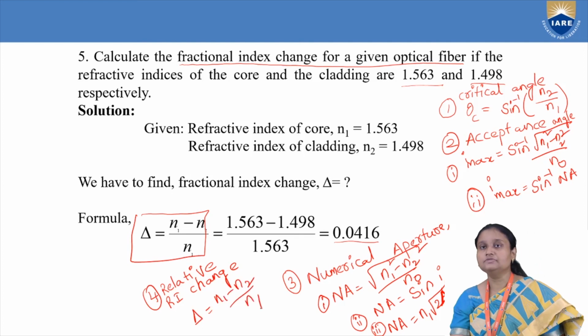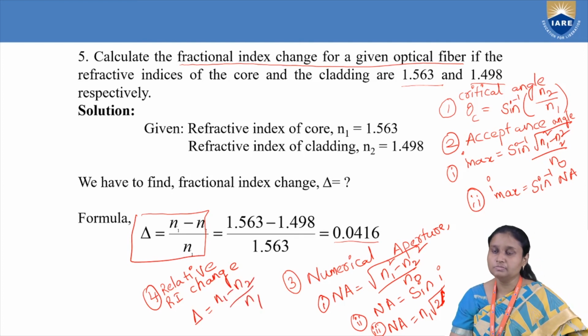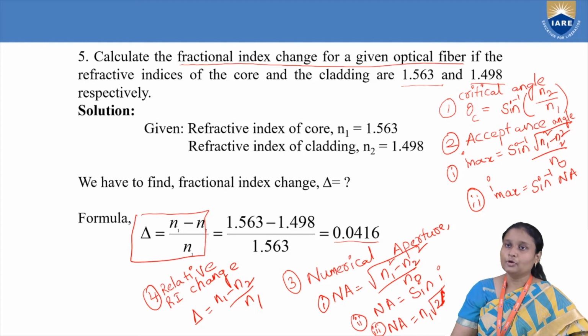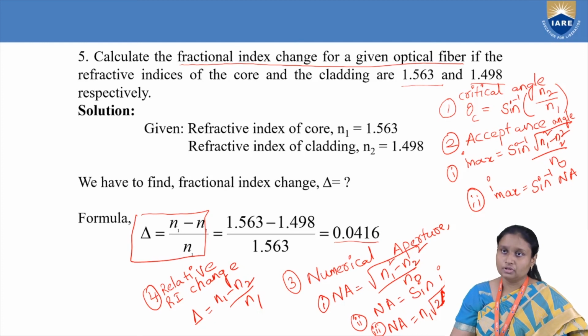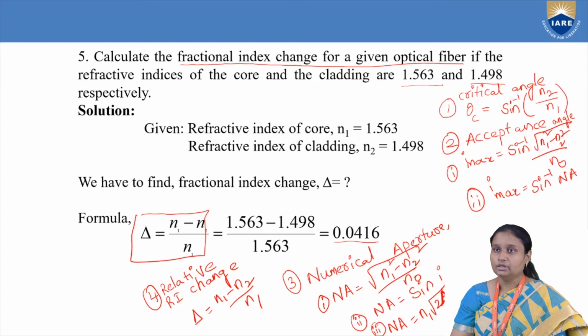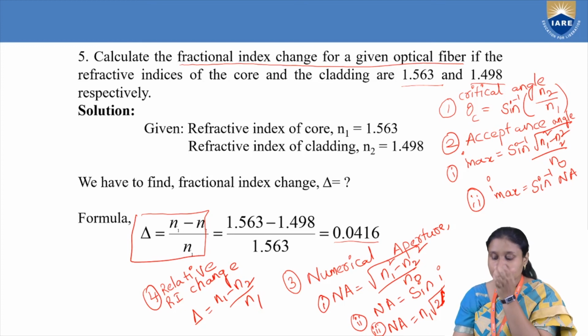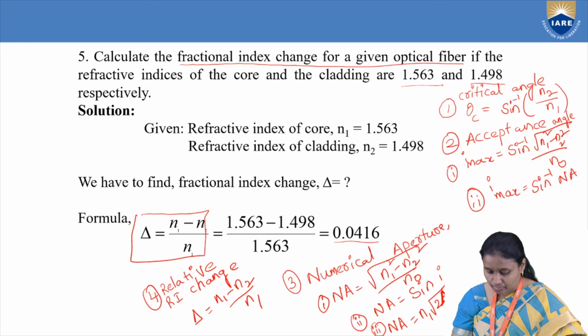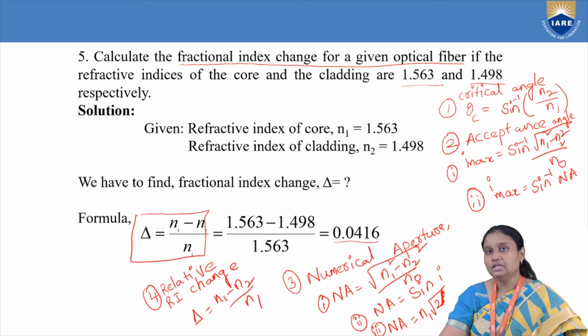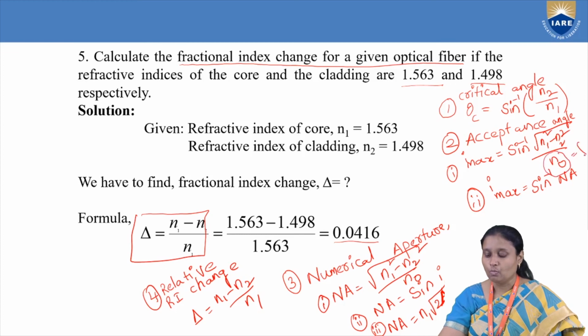So based on these formulas, you will be given numerical problems and we have to select the appropriate formula in order to solve that problem. The main thing you have to observe here is, as I told you, if in the numerical problem the refractive index of the launching medium is not given, we have to assume it to be 1.